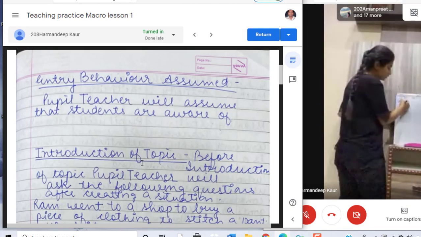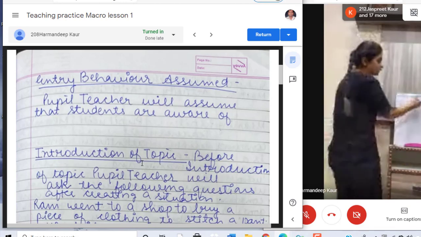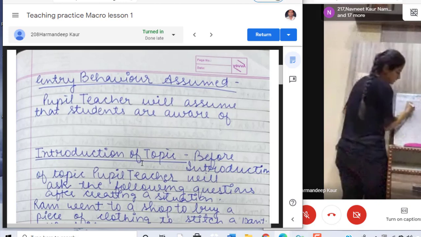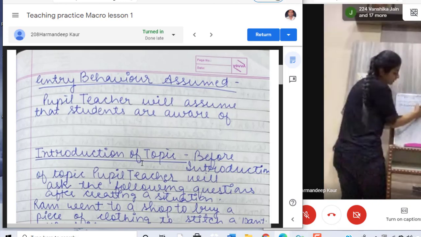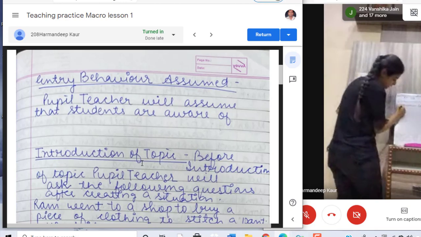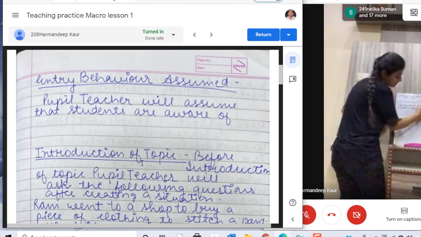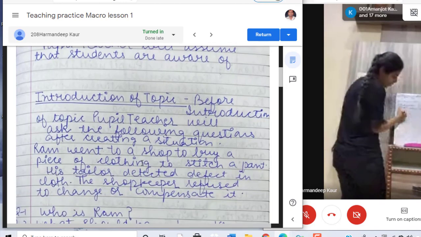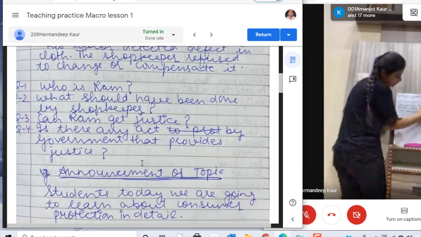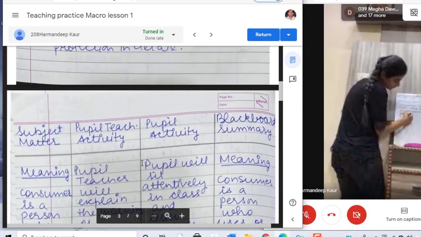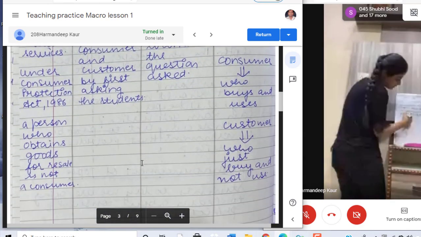So open your notebooks and write down the meaning of a consumer. Consumer कौन होता है? A consumer is a person who buys or consumes goods or avails services.